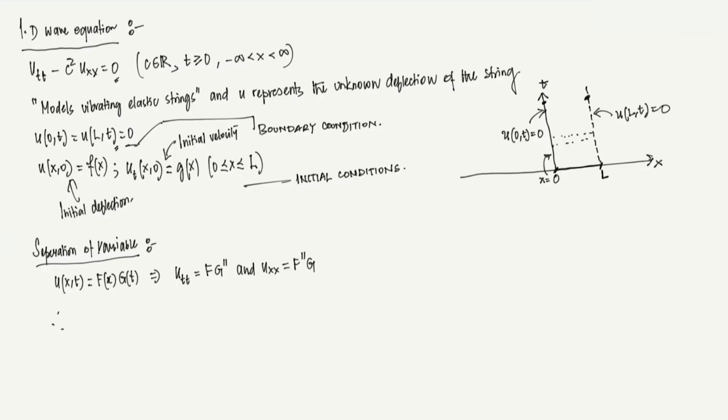If you put it in that equation, we have F G double prime equals c square F double prime G. Writing it properly, like we did with the harmonic function, we get G double prime by G equals c square F double prime by F. This side is a function of t, and this is just a function of x, so this should be equal to some constant k.